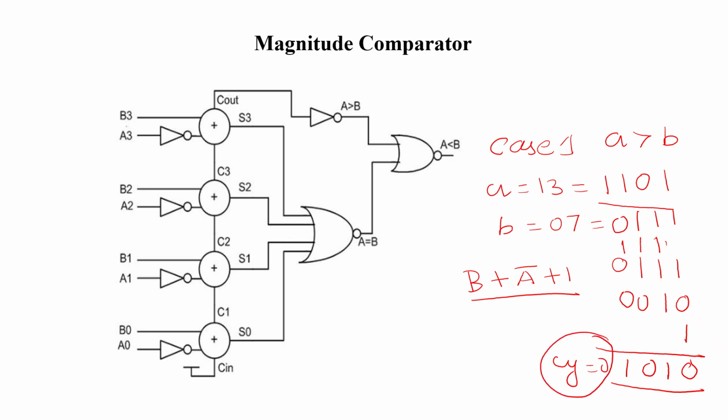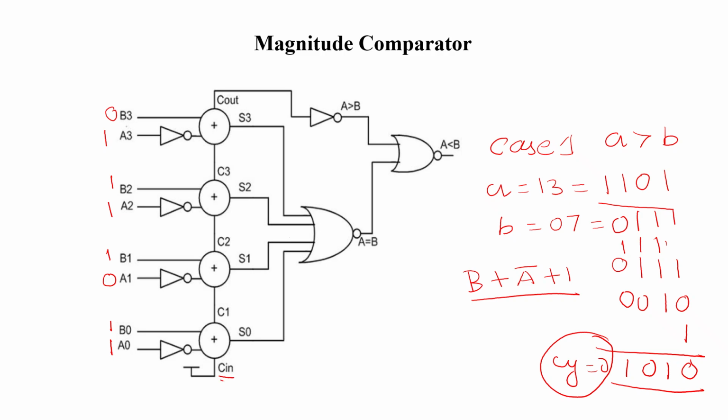So now I substitute these values into the circuit. A0 value is 1, A1 value 0, A2 value 1, A3 value 1. Likewise, you substitute the B value. So B value is 7, that is 1, 1, 1, 0.